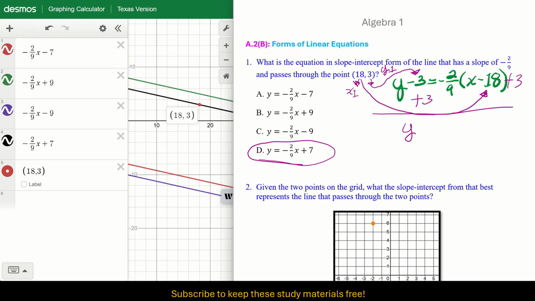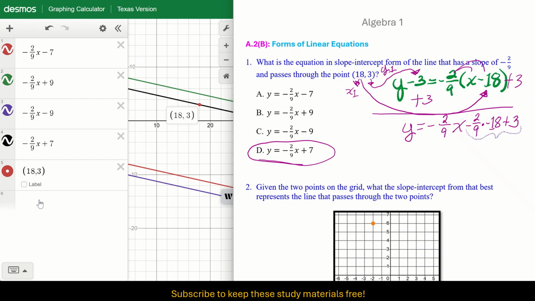I would have y equals -2/9, and then we distribute, of course, then that's x minus 2/9 times -18 plus 3. And then all of these last 3, we pop those in the calculator, and we're going to see +7.